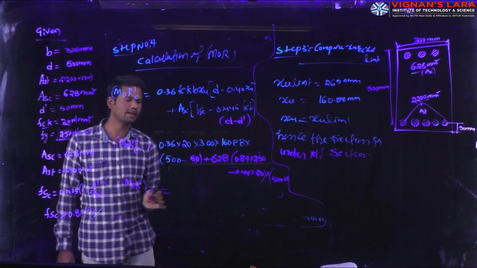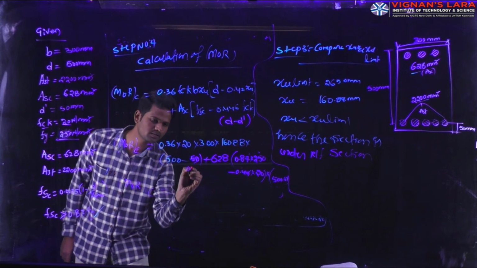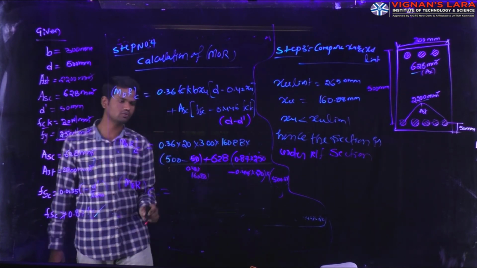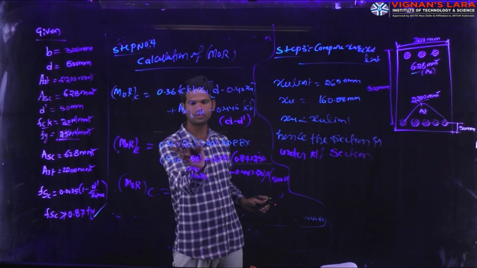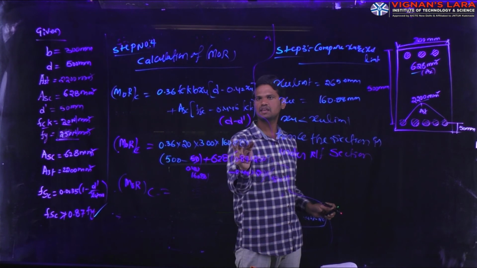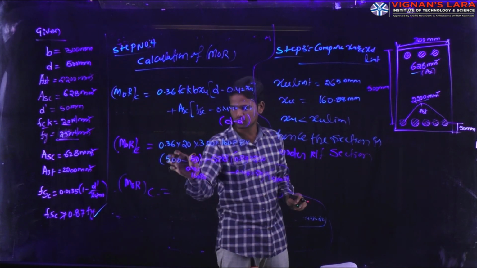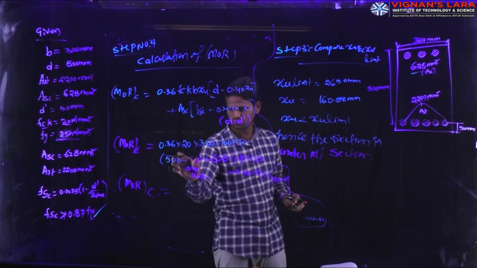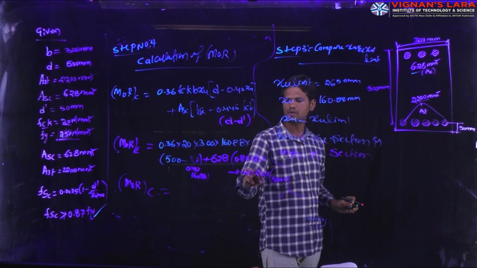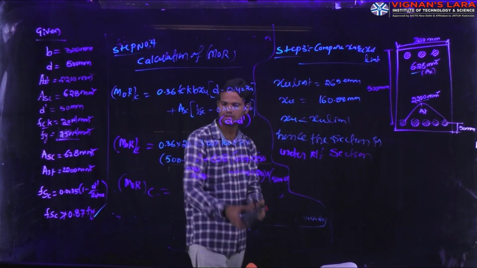Sorry, I wrote D dash here instead; it should be D minus 0.42 into XU, that means 500 minus 0.42 into XU value of 160.88. You have to correct this. For the lever arm we have 0.36 FCK B XU, into 500 minus 0.42 into XU, plus ASC 628, FSC 0.87 into FY minus 0.446 into FCK as 20, into D minus D dash. Here you have to write this lever arm.